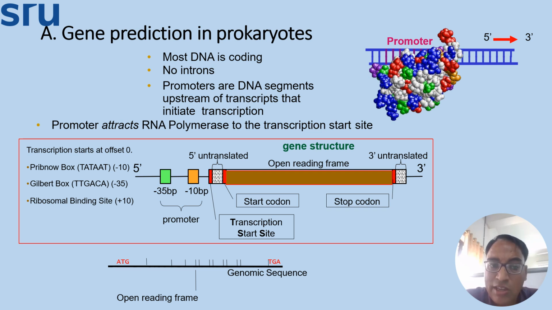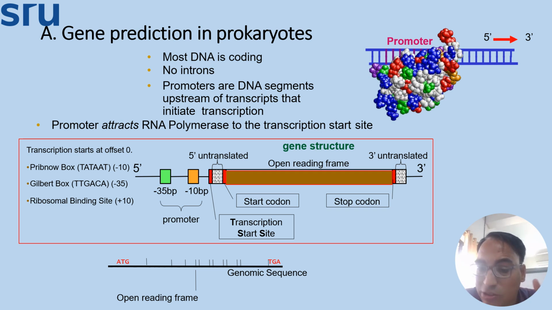These are conserved segments: the Ribnow box and the Gilbert box, TATA box, also termed the Pribnow box, or TTGACA. If I know these positions on a DNA, I'll know that somewhere downstream, at these distances, the gene is there.